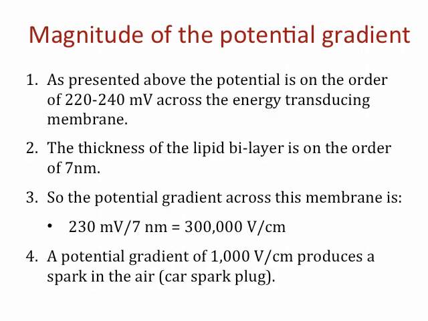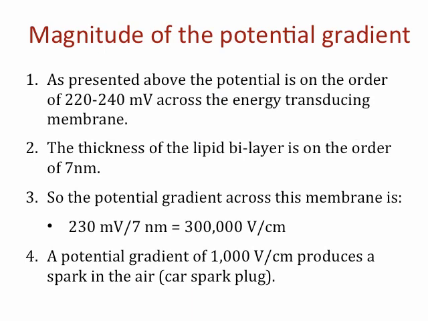It is interesting to calculate a few things based on these numbers. If we take a gradient on the order of 230 millivolts, and we divide that by the thickness of a lipid bilayer, which is about 7 nanometers in thickness, we see that that corresponds to about 300,000 volts per centimeter.